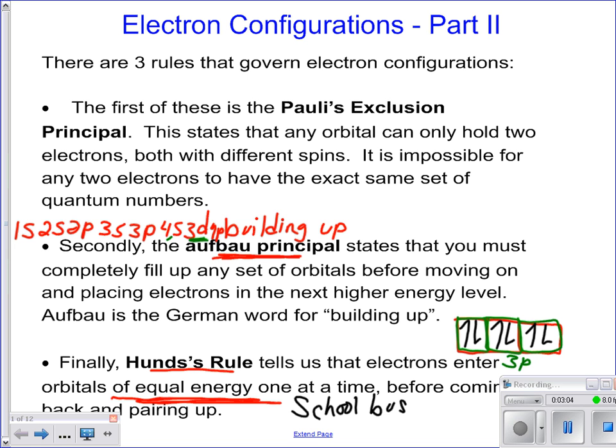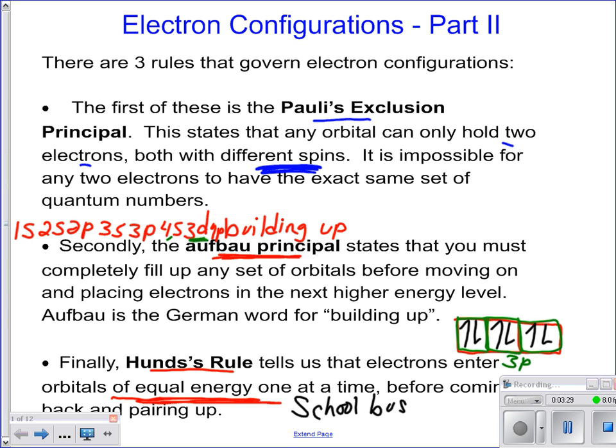Okay? And then finally, our third rule that we're going to look at is something known as Pauli's exclusion principle. And this will make more sense when we start talking about quantum numbers. There are 4 quantum numbers we're going to bring up. But right now, let's just think about it as the fact that any orbital can only hold 2 electrons, and those 2 electrons within that orbital have to have different spins.